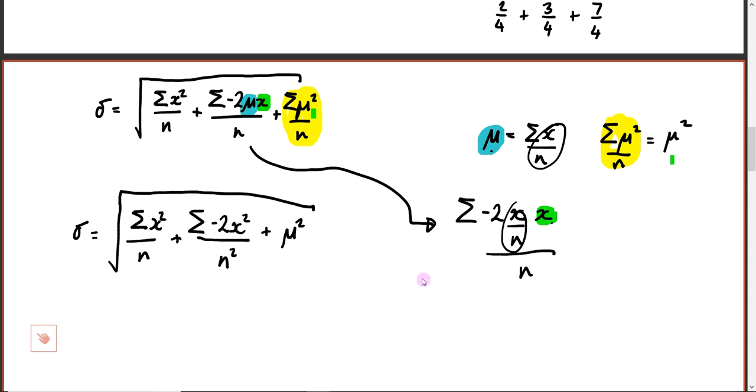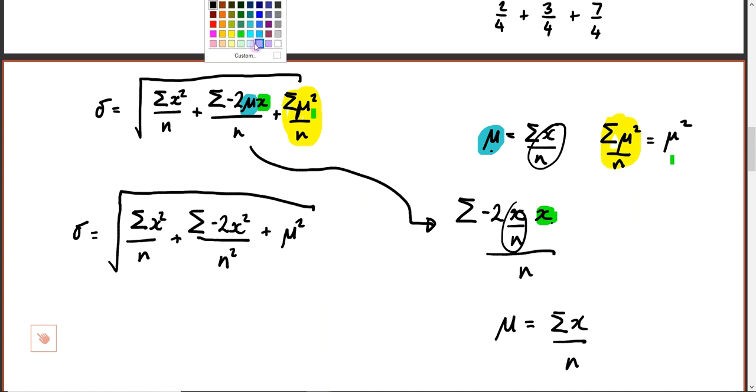These are the exact same thing. What we're going to do is, the next thing that they tell us is that we're allowed to replace mu with this again. So the same thing. Now this time, hopefully this won't confuse you too much, I'm going to deal with this one and I'm going to replace it with this.